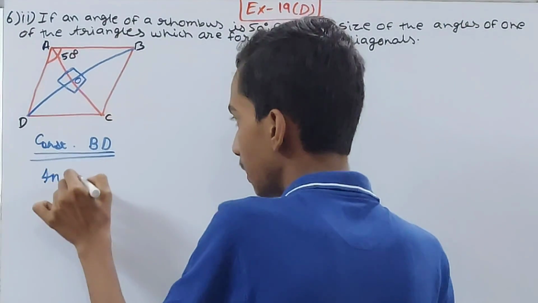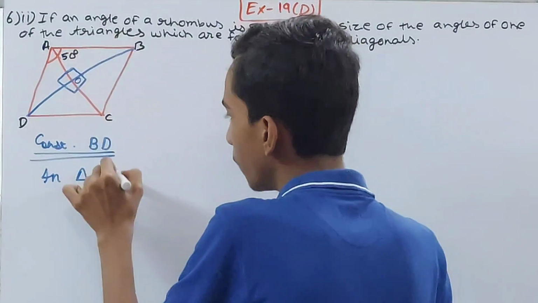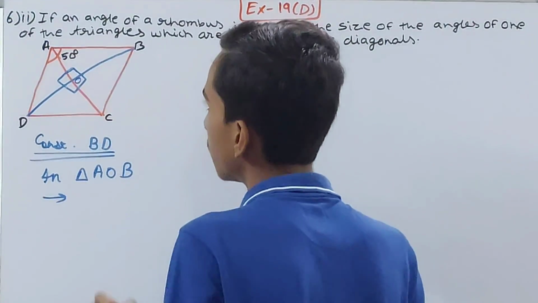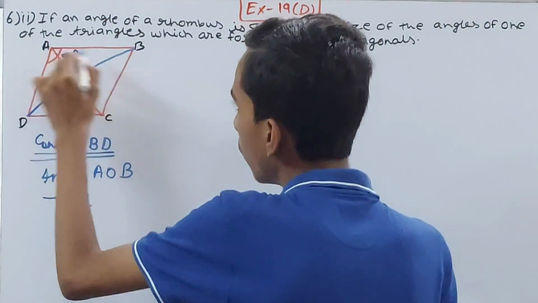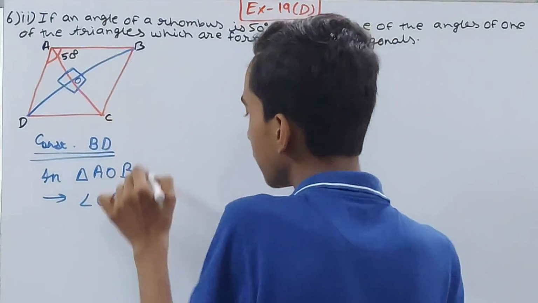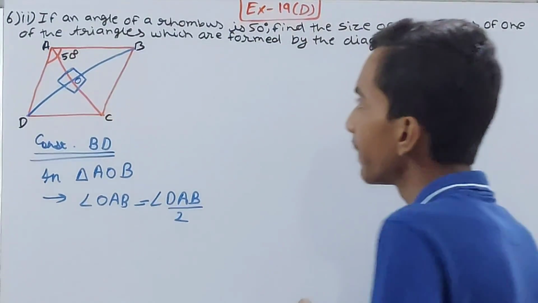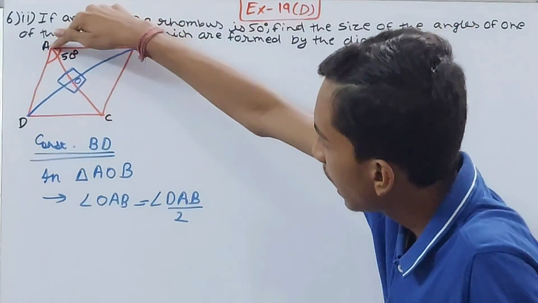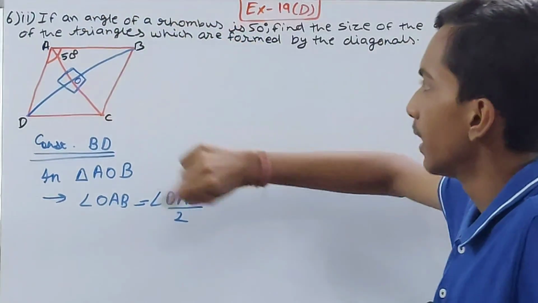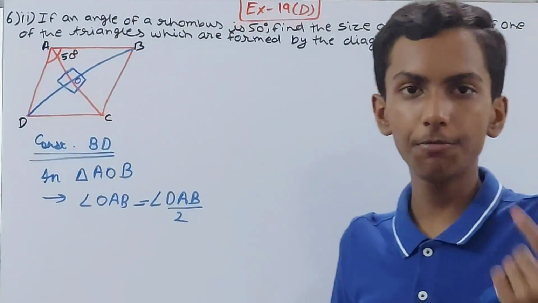So in triangle AOB, what we will have, look, angle OAB will be half of angle DAB. Okay, see, OAB will be half of DAB. DAB completely is 50 degrees, so half of 50 degrees.